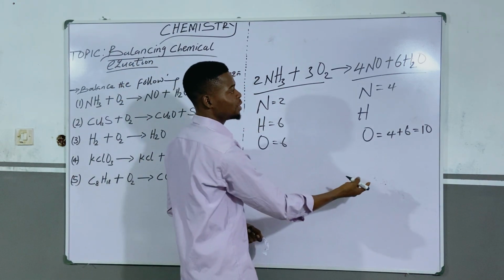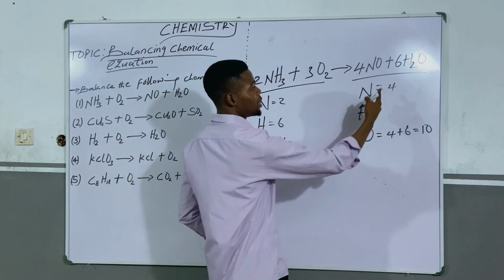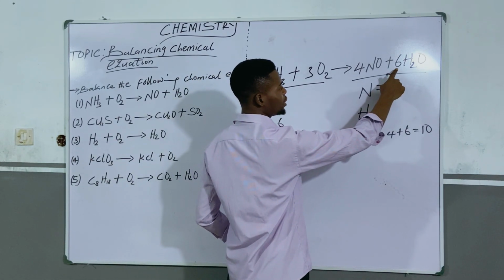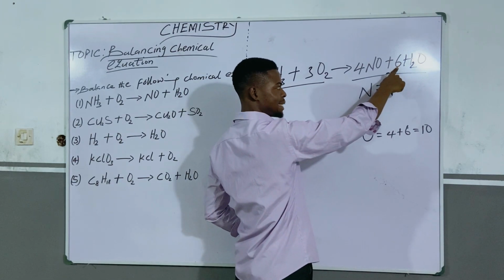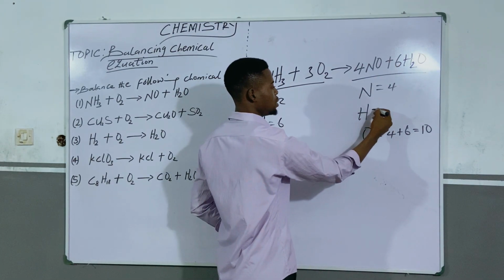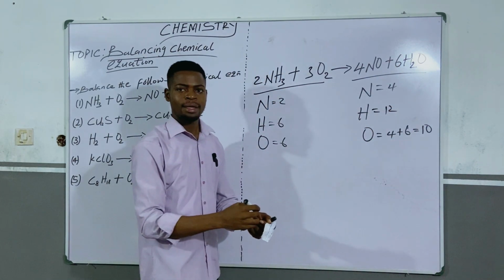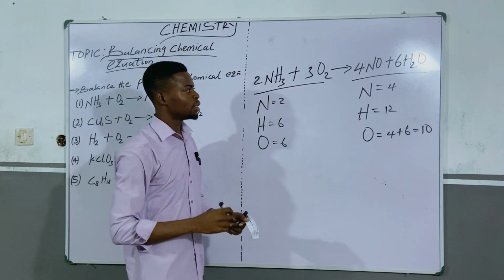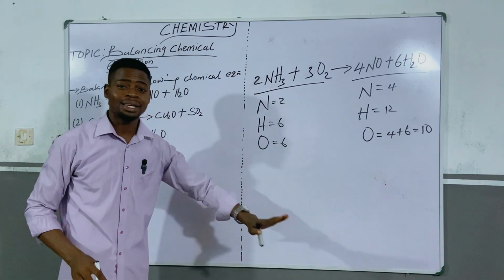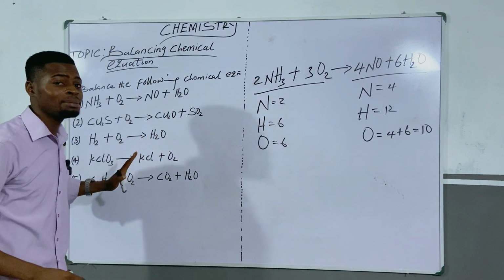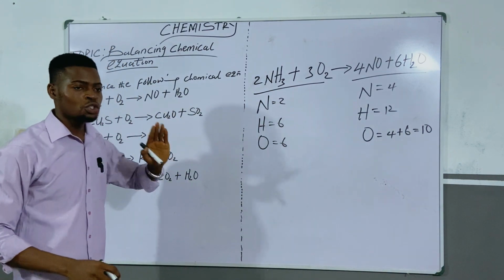Then what about hydrogen? Let's check hydrogen. Here for hydrogen we have 2 as the subscript, then 2 times 6 is 12. So this is equal to 12 hydrogen. That is how to do your atomic count. You must know how to do atomic count before you start balancing chemical equations.